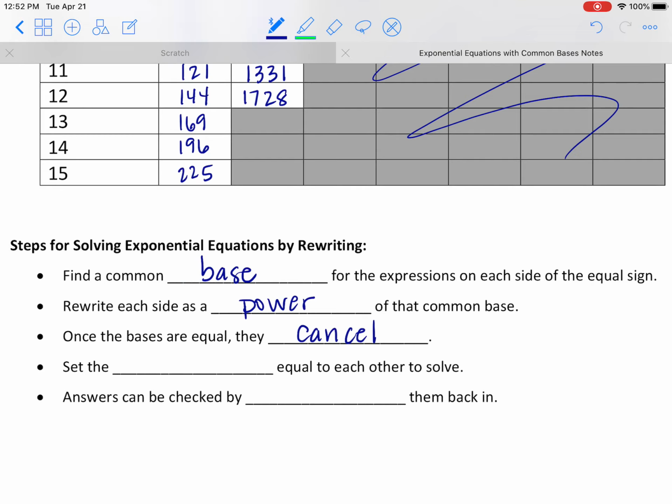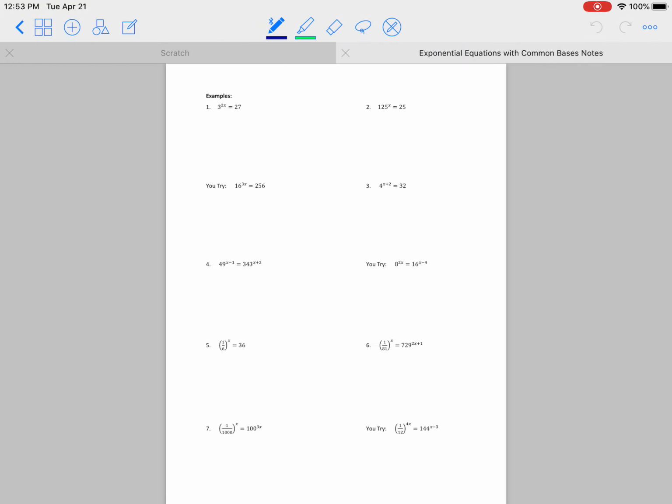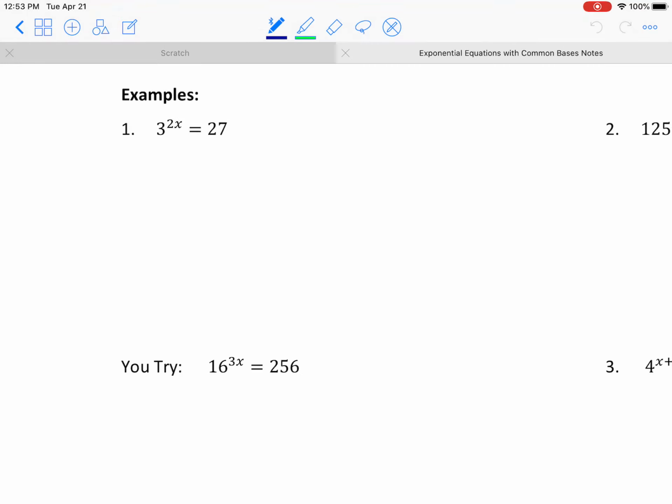The goal is to get both sides to have the same base, because once the bases are equal, the exponents have to be equal too. So once the bases are equal, they can cancel, and we can set the exponents equal to each other and solve there. And then the good news here is we can always check our answers by plugging them back in. So it's kind of nice with an equation. We plug the answer back in and make sure that it actually works.